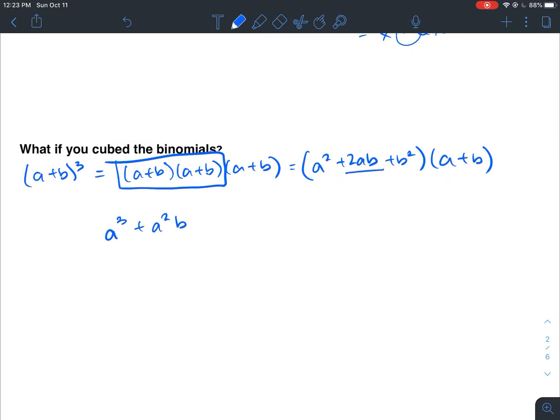Alright, now take the middle term, multiply it by both terms, so that's 2ab times a, which is plus 2a squared b, and now multiply 2ab times b, which is plus 2ab squared. Now this term right here, b squared times a is b squared a plus b cubed.